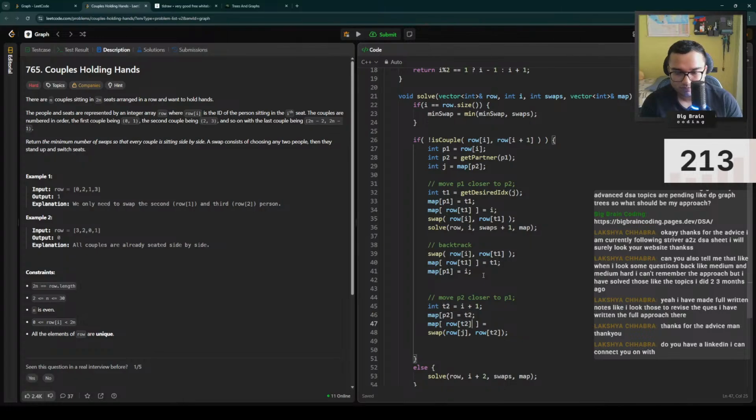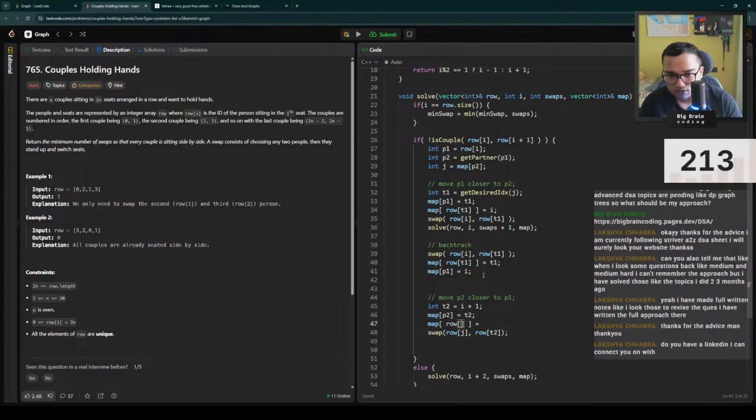Map of P2, and row of J, whatever was present at Jth position. Am I messed up?